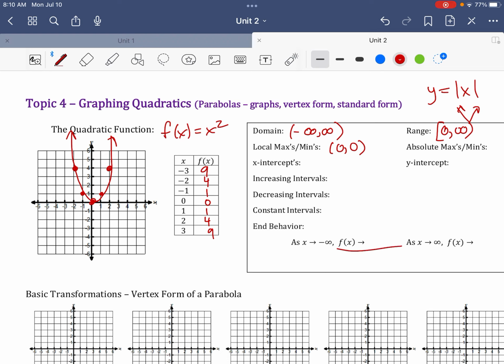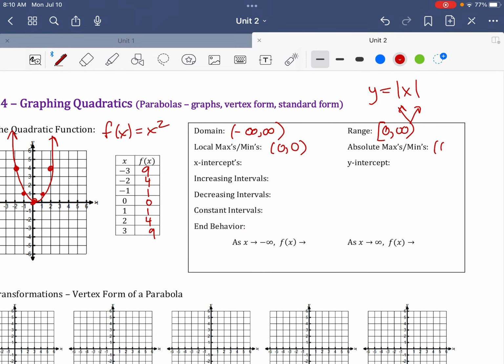All right, so also 0, 0. All right, x-intercepts right now is just 0, 0. But a lot of times a parabola will have 2 x-intercepts, because say my parabola would be down here. We'll see I'm crossing the x-axis in 2 places, or if it's upside down. Your parabola can do one of 3 things.